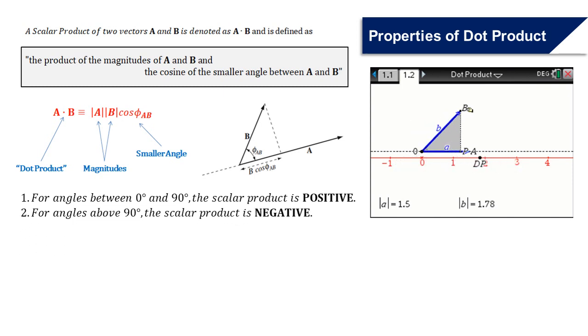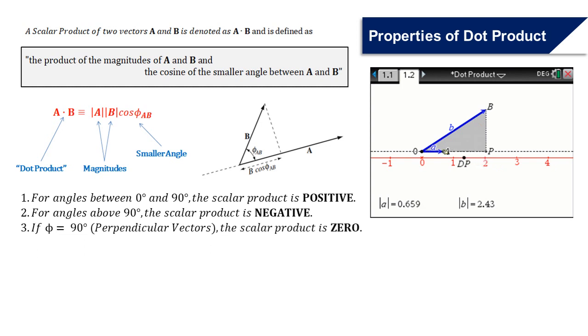So, next, for angles above 90 degrees, yung scalar product naman natin is negative. So, that's another way of checking kung ang sagot natin sa scalar product is tama o mali. Pag nakakuha tayo ng scalar product na negative, dapat ang angle na makukuha rin natin should be greater than 90 as presented in this illustration.